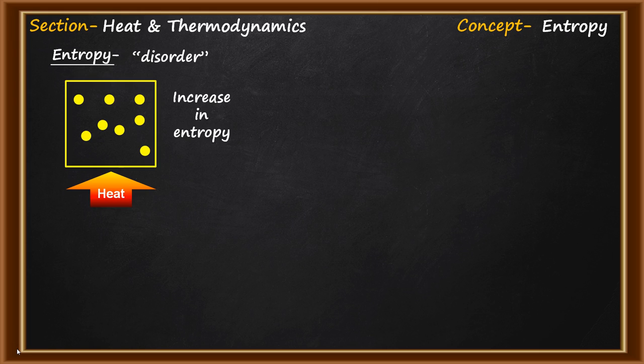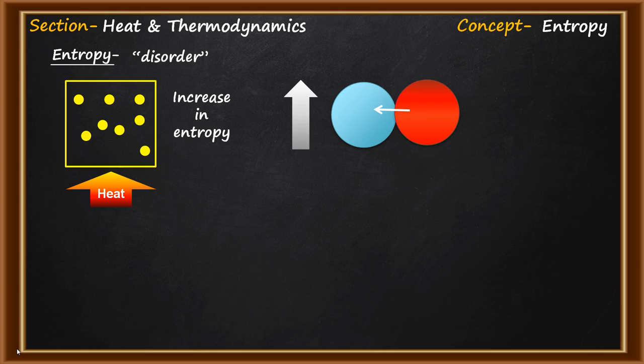Now consider another situation. Consider two bodies, one is a hot body, another is a cold body. When both of them come into contact, heat transfer will take place from the hot body to the cold body. That means the temperature of the cold body will increase and the temperature of the hot body will decrease.